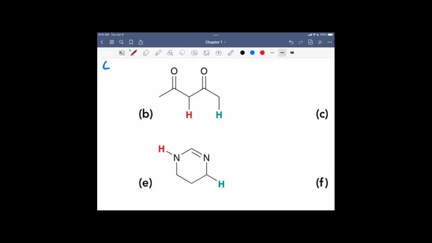All right, moving on to the second one, we're going to use the same idea of ARIO and see if we can determine what the more stable acid is. So let's get started. So we have this red one and this blue hydrogen.